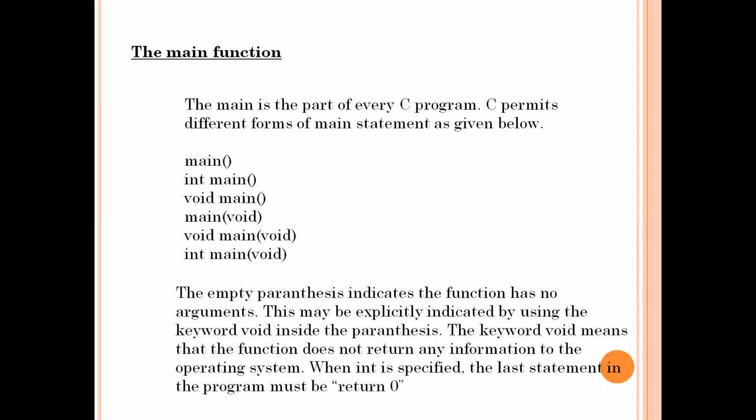That means it returns some integer value. So these are all the main functions that we use in our program. For a simple program that does not return any value or contain any arguments or parameters, we commonly use the statement void main() function.